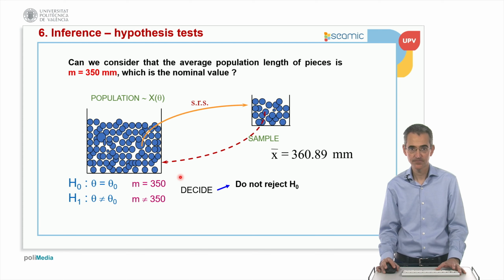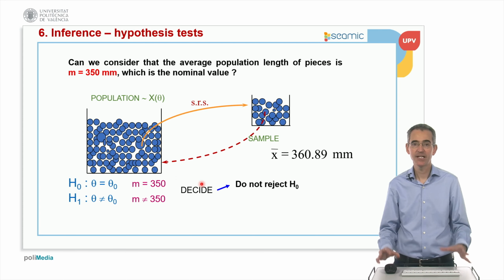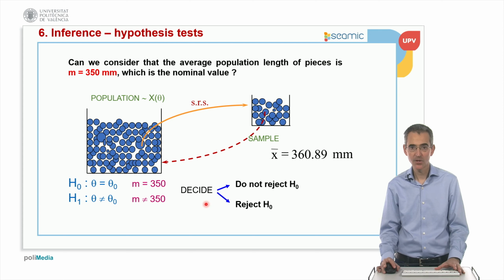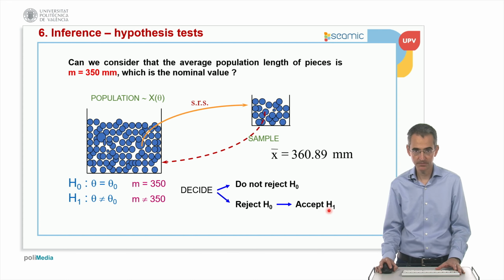So in the hypothesis test we have to decide two things. The solution will be do not reject the null hypothesis or reject the null hypothesis. Rejecting the null hypothesis means to accept the complementary, to accept the alternative hypothesis.